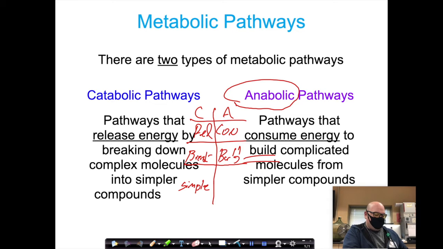And the next one is they build more complex. All right. So catabolic and anabolic. Let me give you some examples. You tell me if it's catabolic or anabolic. Okay?